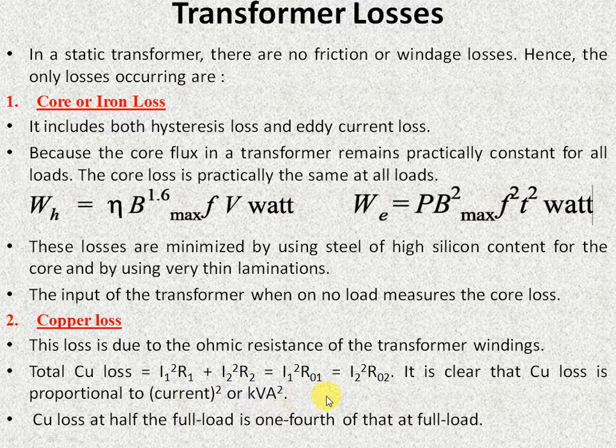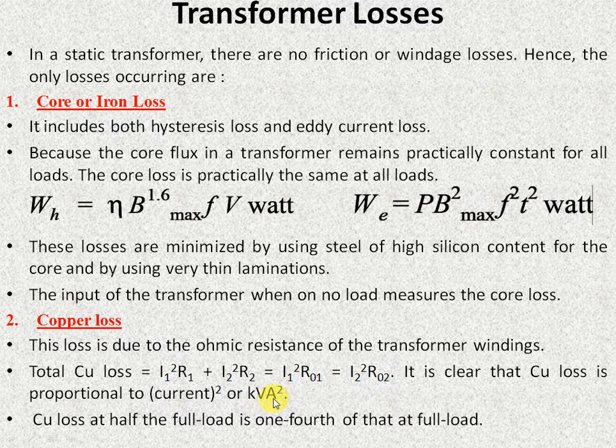Since the voltage is remaining a constant one, if a transformer is said to be in full load condition, the current which will be flowing through the transformer will be the rated current. If the transformer is said to be in half load condition, then the current which will be flowing through the transformer will be half the current, keeping the voltage a constant one. Since the copper loss is directly proportional to current square, we can easily say that copper loss is directly proportional to kVA square.